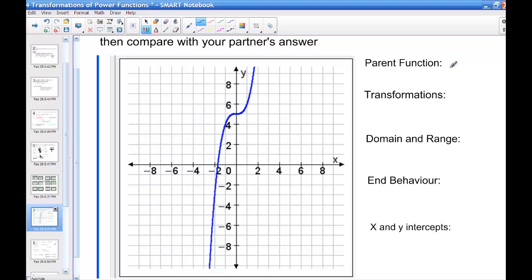Alright, here we are. So the parent function is a cubic function, x cubed. f of x equals x cubed. Transformations that were applied.